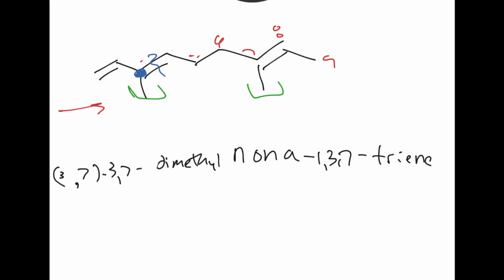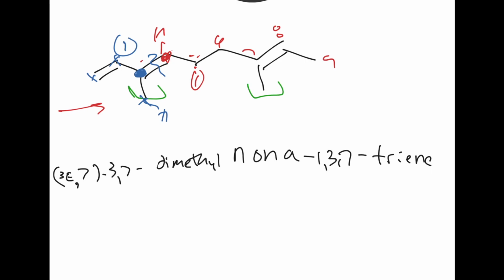Carbon, carbon, tied. What's the next thing out here? Hydrogen. We compare a hydrogen to a carbon. The carbon wins, just a longer chain. So this has high priority. Then we look at the other side. Hydrogen versus carbon. Carbon has high priority. They're on opposite sides. So that's E.